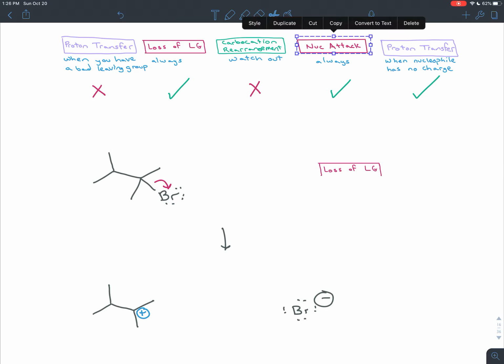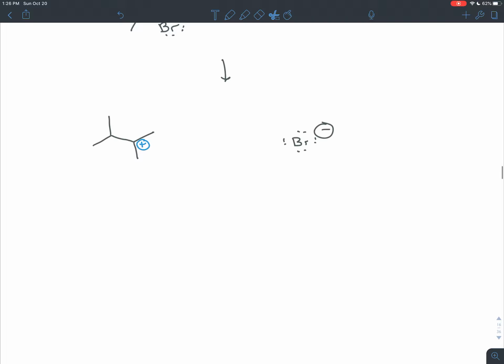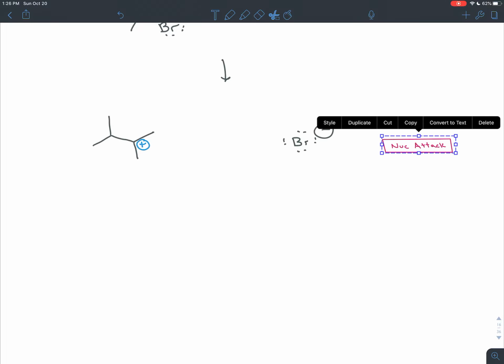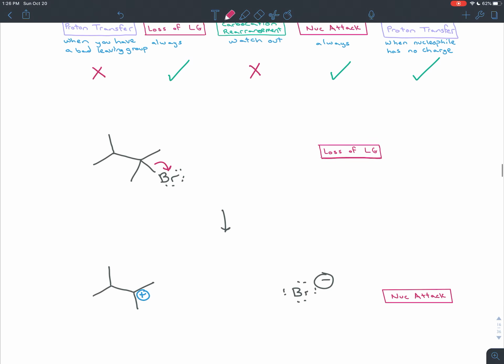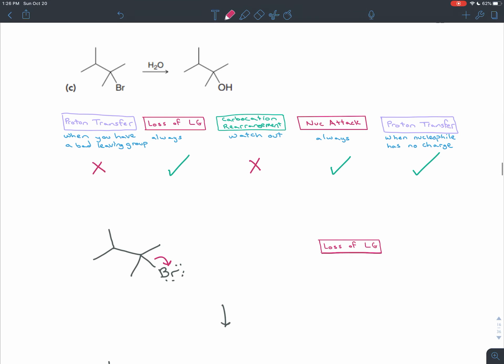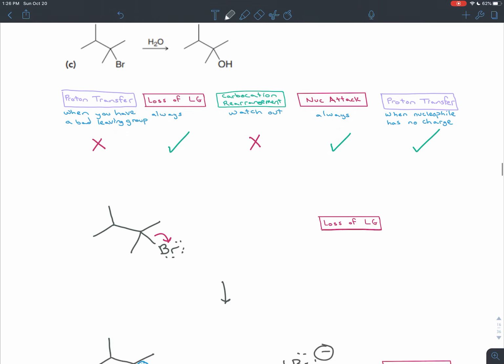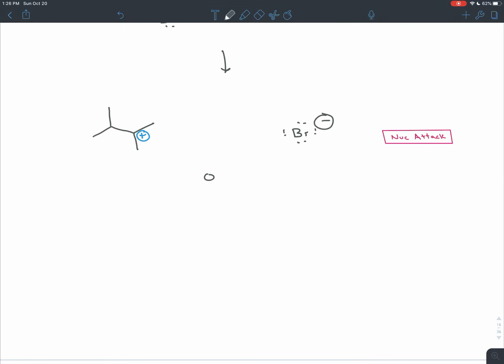We saw that we don't have a carbocation rearrangement, so the next step is going to be nucleophilic attack. So with nucleophilic attack, we take our nucleophile, and here our nucleophile is water.